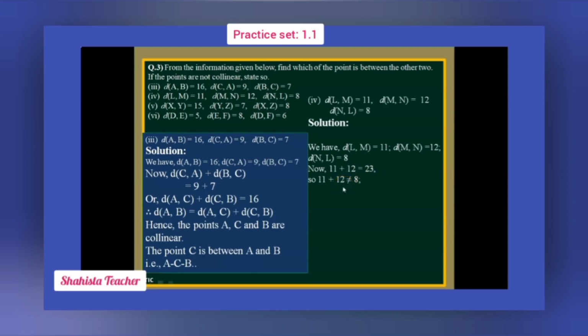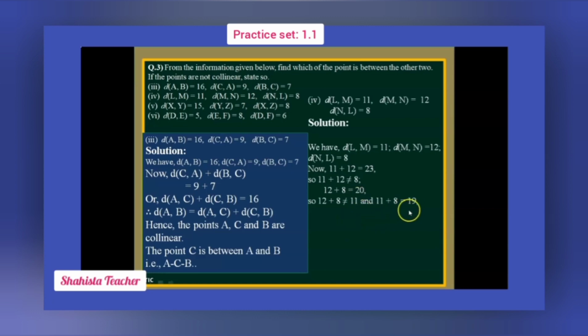Now 12 plus 8 is equal to 20, which is not equal to 11. So 12 plus 8 is not equal to 11. Or 11 plus 8 is equal to 19.